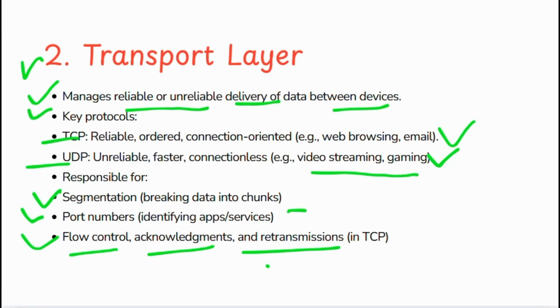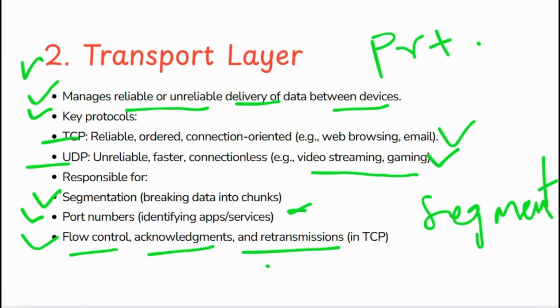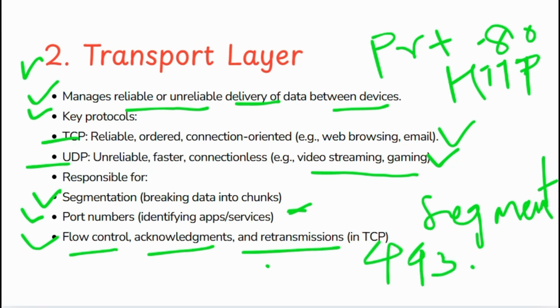So the transport layer breaks the data into chunks, which are called segments, and it assigns port numbers for identifying apps and services. For example, port number 80 is used for HTTP and port number 443 is for HTTPS.